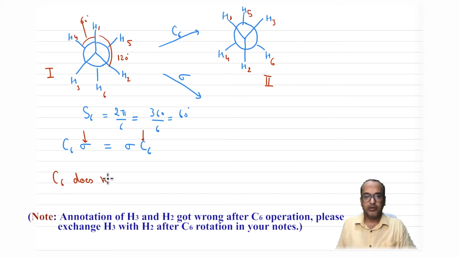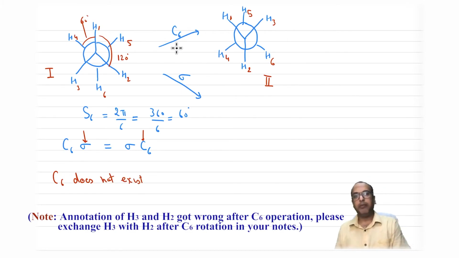So we can do the operation, but it may or may not result in equivalent configuration. If it results in equivalent configuration, we say that it does exist. The corresponding symmetry element does exist, but in this particular case, C6 does not exist, right?